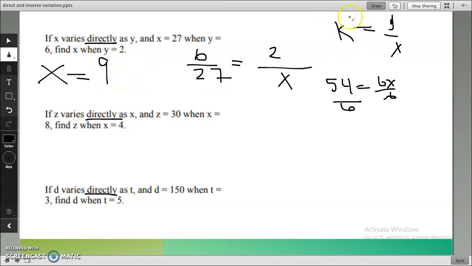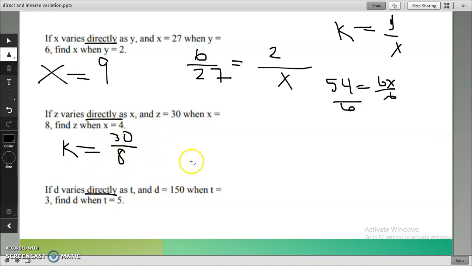We didn't even find our k for this one. For the next one, let's actually find our k. So we have, if z varies directly as x and z is equal to 30 when x equals 8. So we'll say k is equal to 30 over 8.